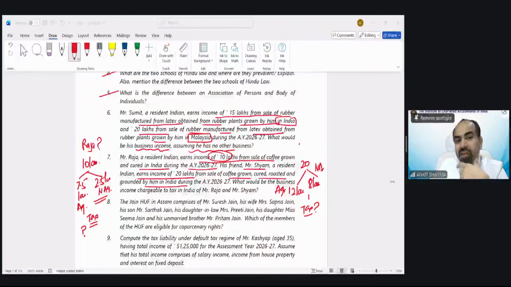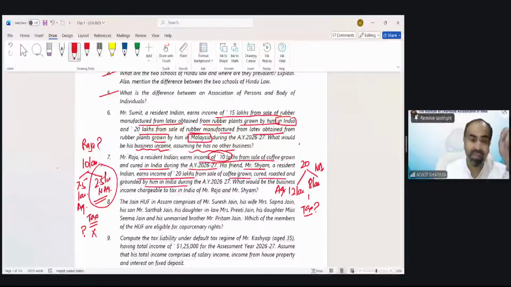Now you can see in Raja's case, the integration concept will not be applicable because agricultural income exceeds 5,000, but non-agricultural income does not exceed the basic exemption limit. The basic exemption limit would be a minimum of 2.5 lakh in case of optional regime. In case of default, it would be 4 lakh.